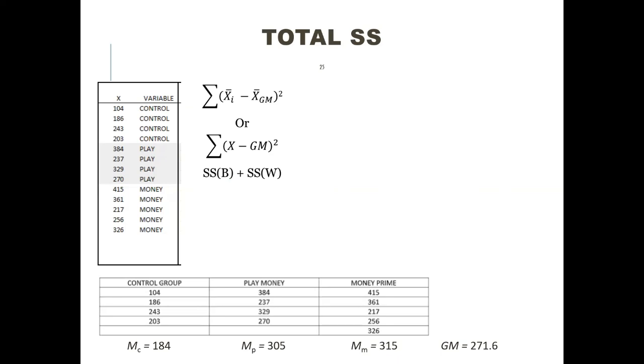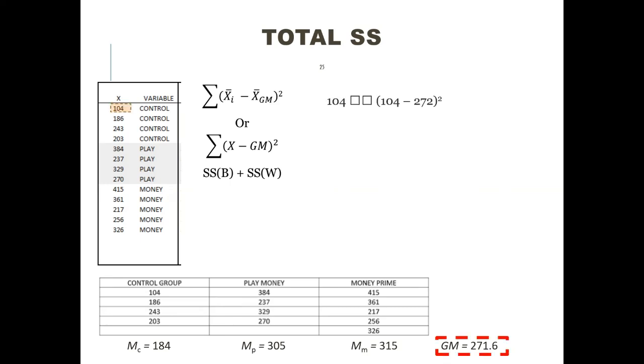So it's getting a sense for how much each of your individual data points varies from the entire data set. So I have these two different formulas. Again, the top one is from the book that we're using, which is optional. And on the bottom, I have notation that might be accessible to you also. So you take each individual data point and you subtract the grand mean, and then you square that.